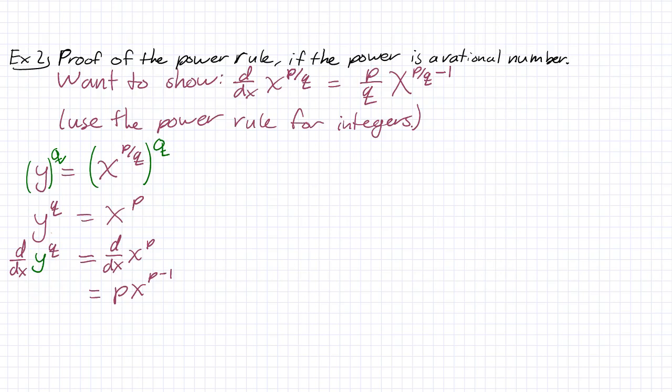So the derivative of that outer function is going to be q times the original inner function to the power q minus 1. And we need to have the original function plugged in, and we also need to use the chain rule here to multiply this by dy over dx as well. And this is what we're trying to find, this derivative.